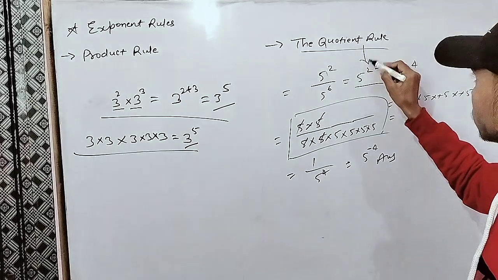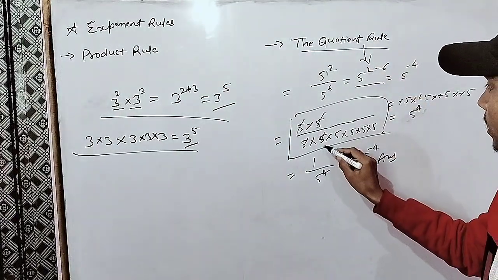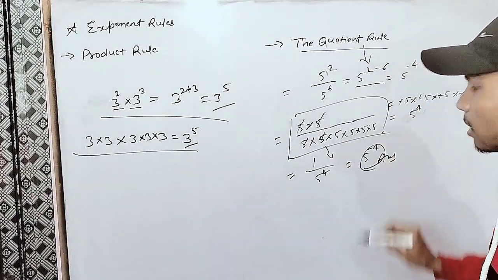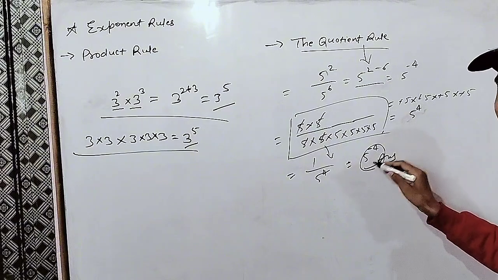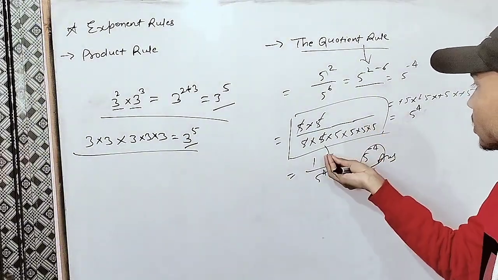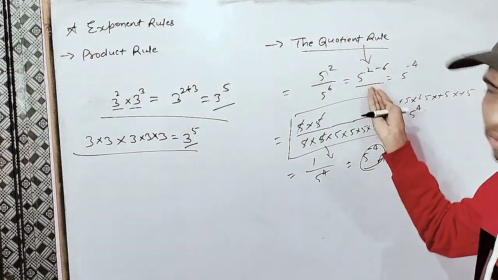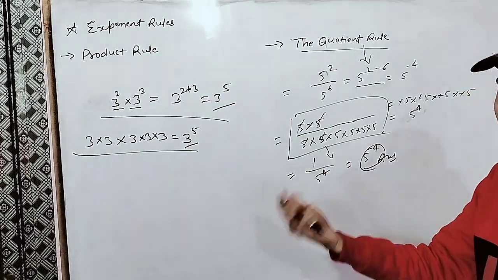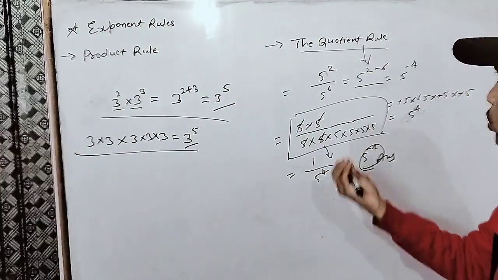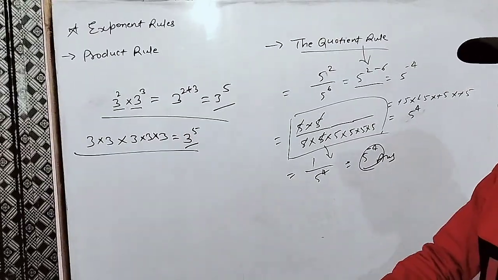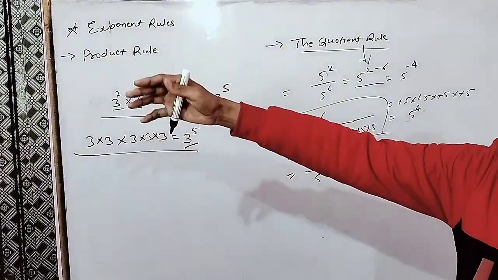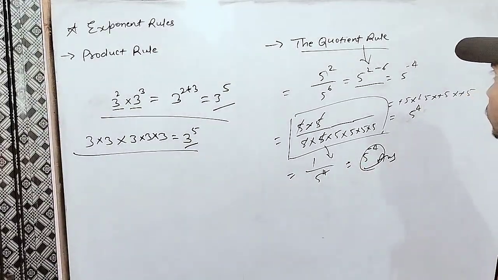This is a rule of this, and this is a proof that yes, it can be written, and this is a proof that we can use this rule so that we can save our time. So to save our time, instead of going through long calculation, we use many rules.